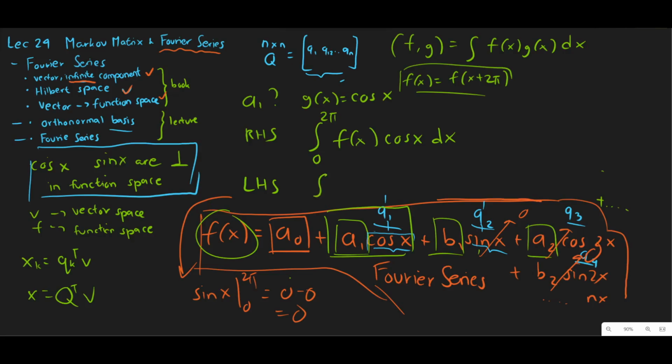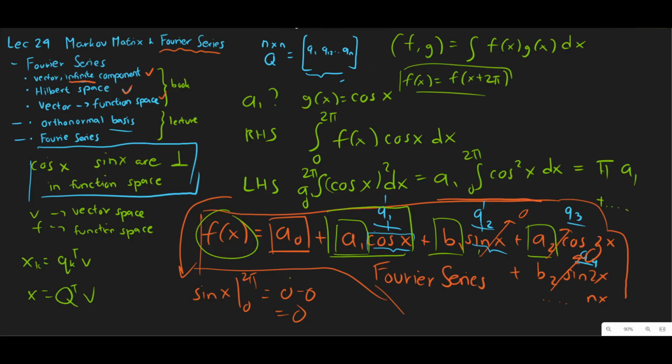We only have the term a1 times the integral from 0 to 2 pi of cos x squared dx, which, with some trigonometry magic, is pi times a1.